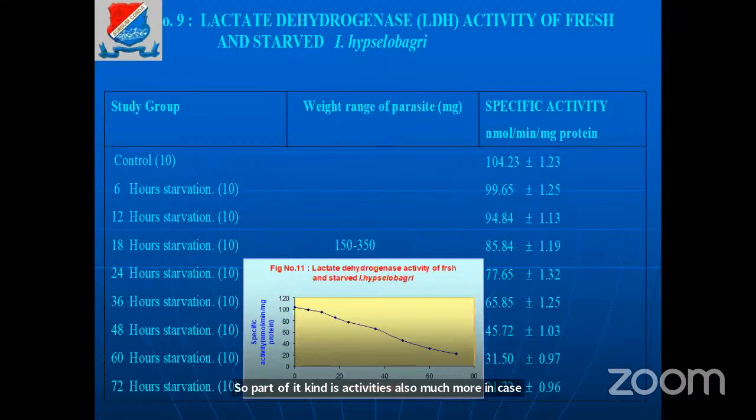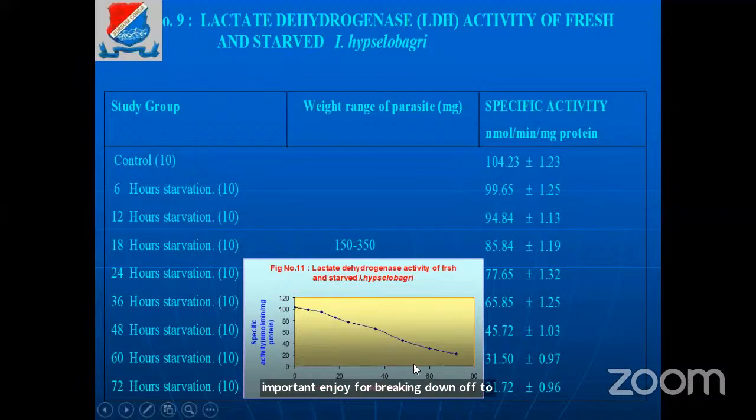Then lactate dehydrogenase. That means lactate is also produced in this parasite. Lactate dehydrogenase activity is gradually decreasing. That means pyruvate is degraded to lactate, so lactate is the main end product we find here. Lactate dehydrogenase is the most important enzyme for breaking down pyruvate to lactate.